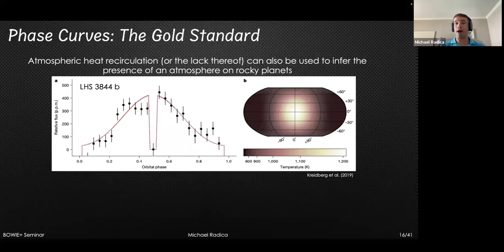However, if there is no atmosphere present, then we should expect to see a night side that's as cold as it can possibly be, and a day side that's as hot as it can possibly be. And that's exactly what they found in this case for this planet: a very, very hot day side and a very cold night side, suggestive of no heat recirculation and basically no atmosphere.